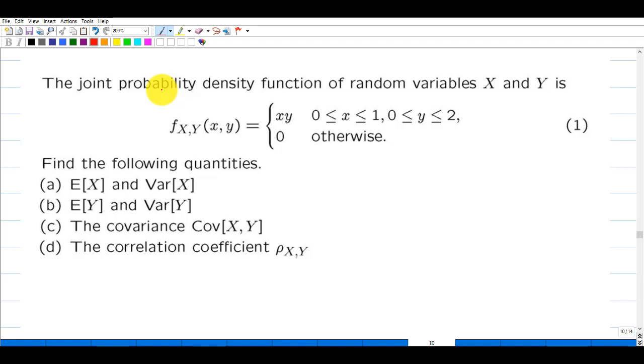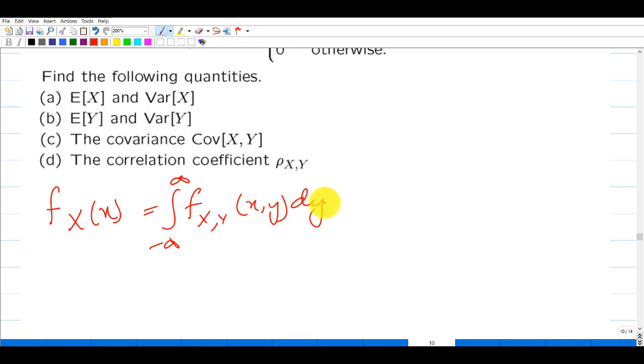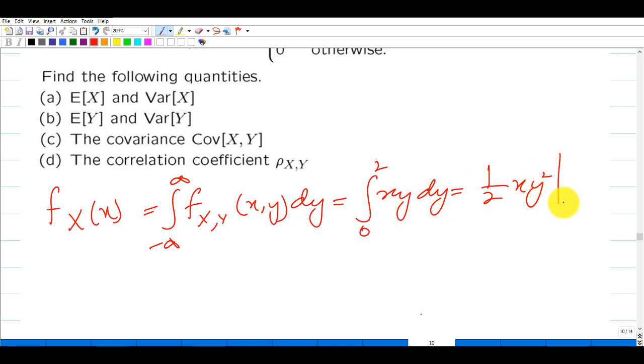That's again quite easy, but for continuous random variables, first we need to find their marginal PDFs, f x of x. That is the integral from minus infinity to infinity of the joint PDF over y. So that will be the integral from 0 to 2 of xy dy, which is 1 over 2 x y square for y from 0 to 2.